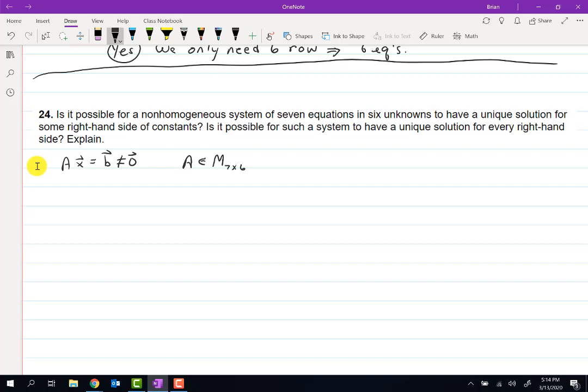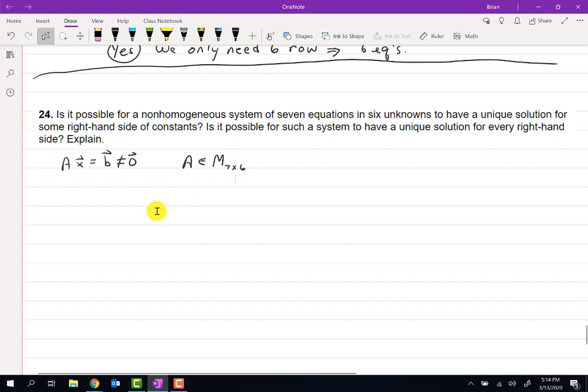So we want to have a unique solution for some right-hand side of constants. So let me answer that part first. There's 2 questions here. Is it possible to have a unique solution for some right-hand side of constants? So let's see here. We have 7 equations, or 7 rows and 6 columns.